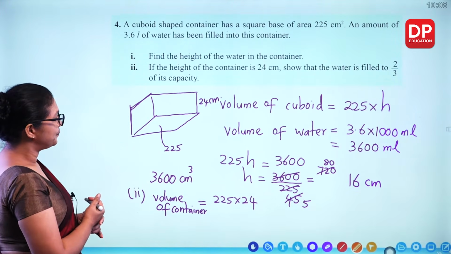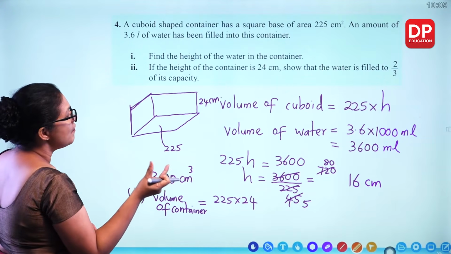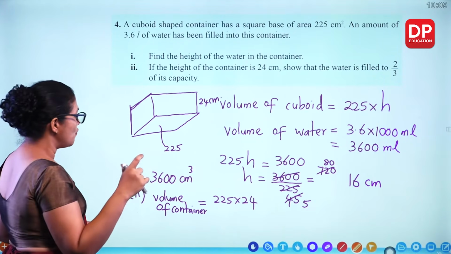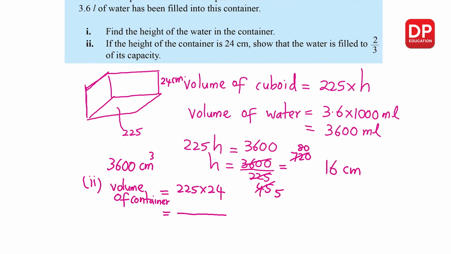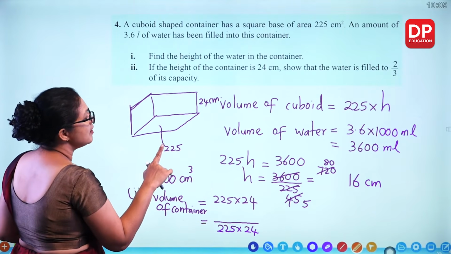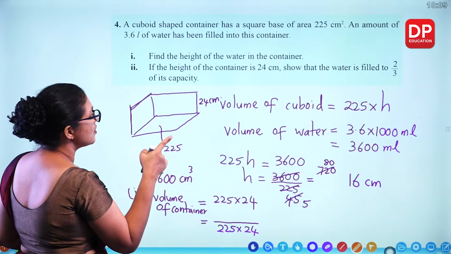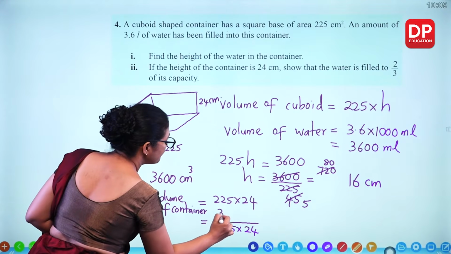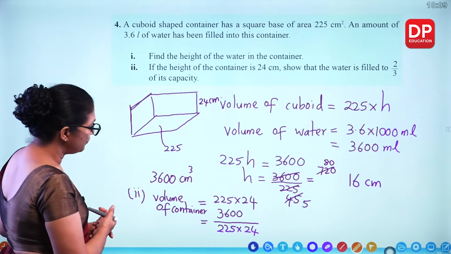So what's the value? That's the total volume, and here we can use this one as the volume of water. So we'll find out volume of water as a fraction. Total volume is this, and volume of water is this one, 3600. Now find out the ratio.